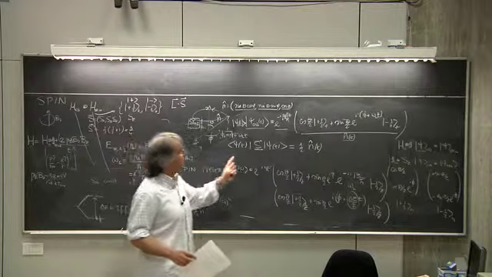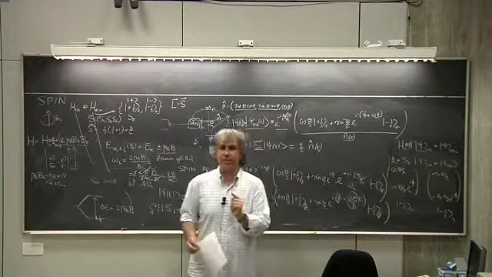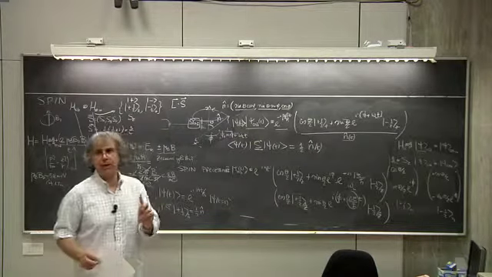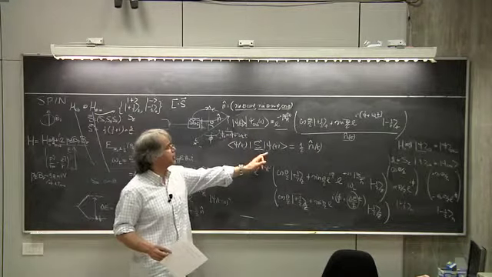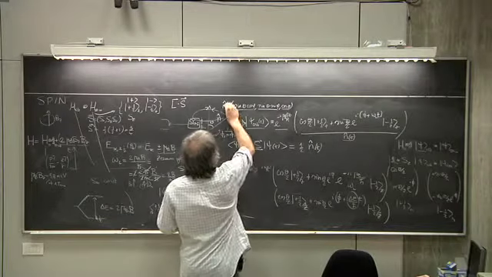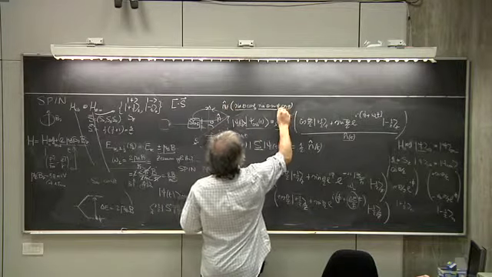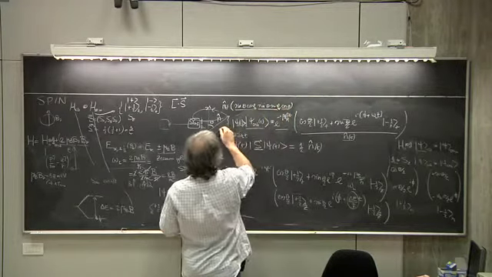What this is telling you is that the average value of the spin changes with time. But not all of them. Sz doesn't change, because this function here is just this, but with the phi that depends on time, and the phi depends on time in this way.